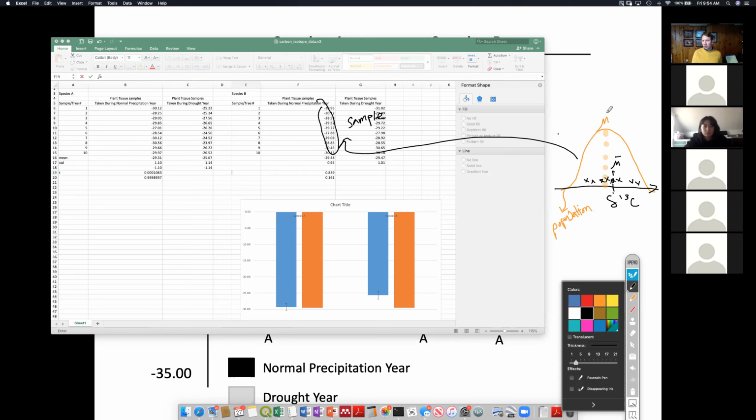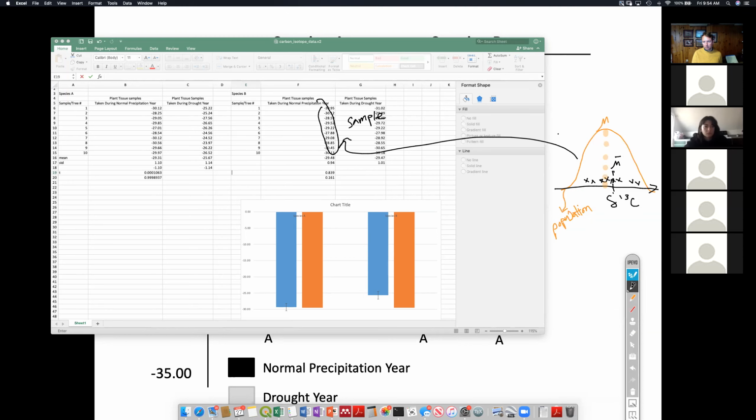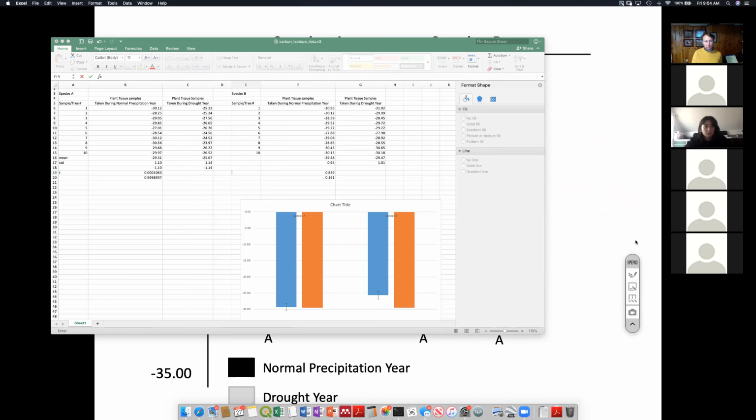But this we call the population mean, this we call the sample mean, and essentially, if we knew the population mean, we wouldn't have to do this t-test. But we never know the population mean, we only know the sample mean.